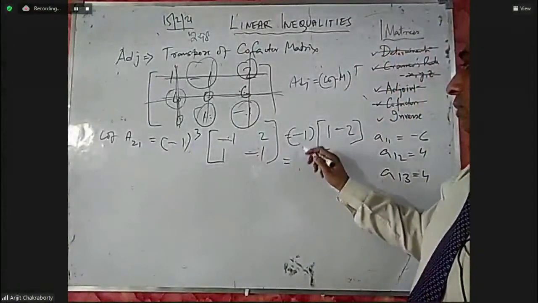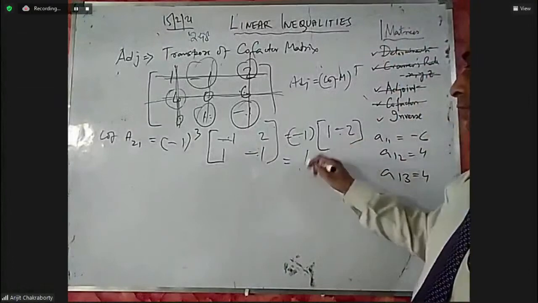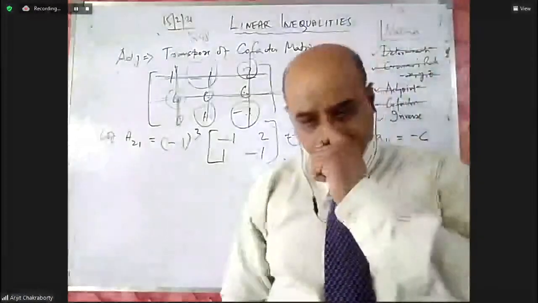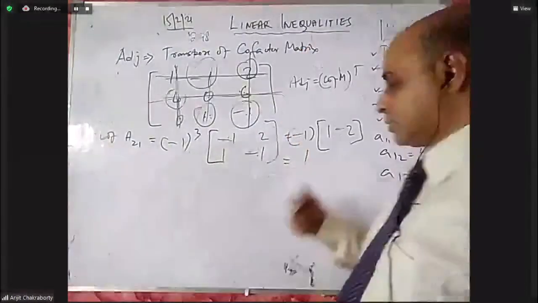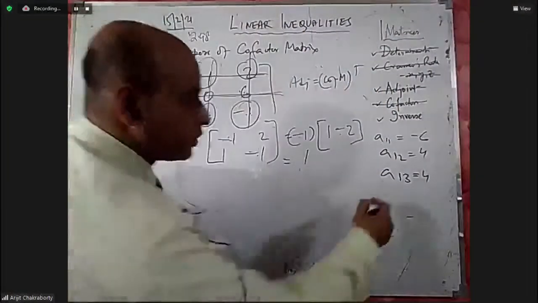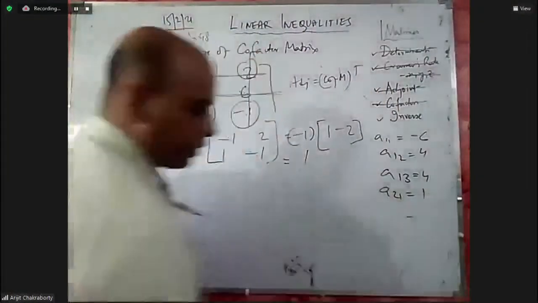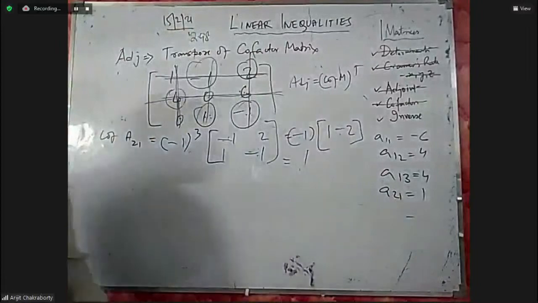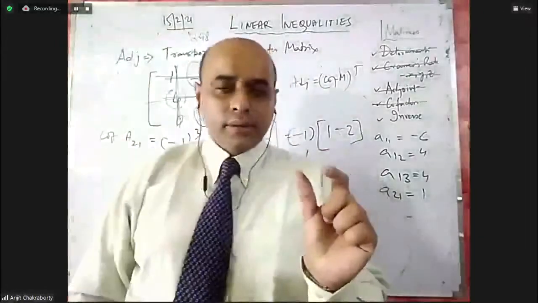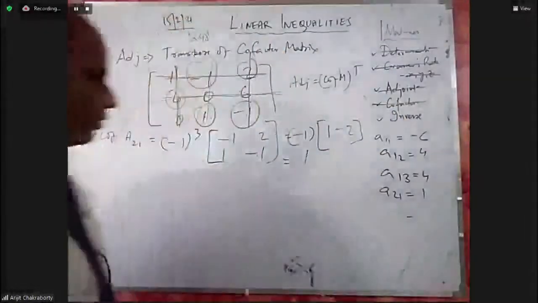So minus 1 into minus 1 is 1. This is confirmed: cofactor A21 is equal to 1. So you see, even one mistake here and there will create a totally wrong answer.